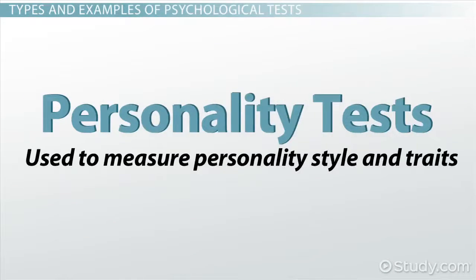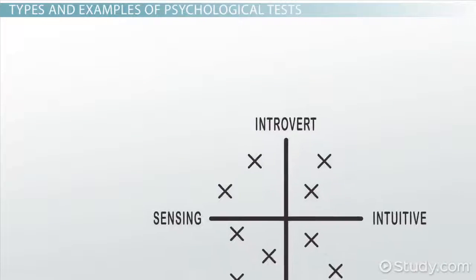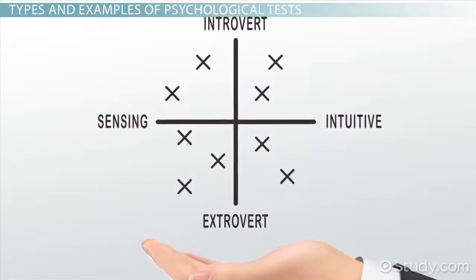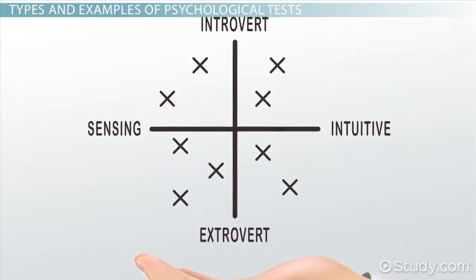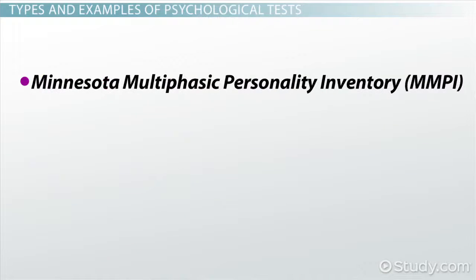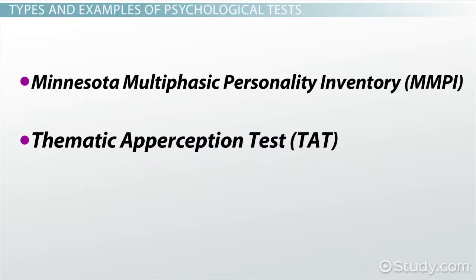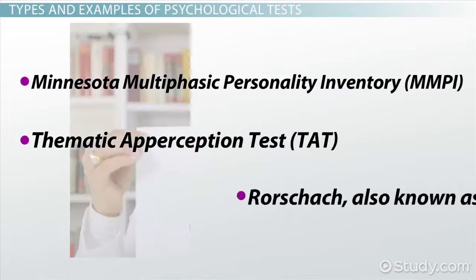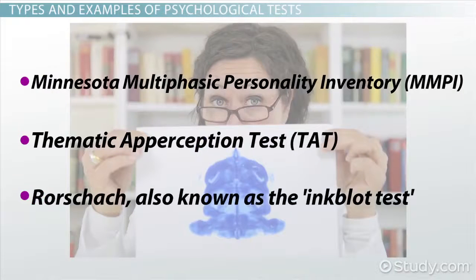Personality tests are used to measure personality style and traits. Personality tests are commonly used in research or to assist with clinical diagnoses. Examples of personality tests include Minnesota Multiphasic Personality Inventory, MMPI, Thematic Apperception Test, TAT, Rorschach, also known as the Inkblot test.